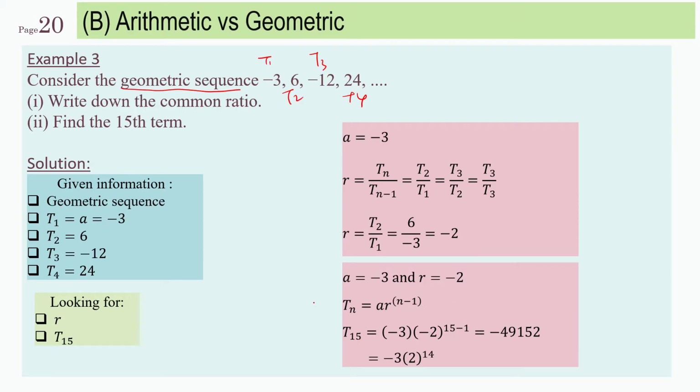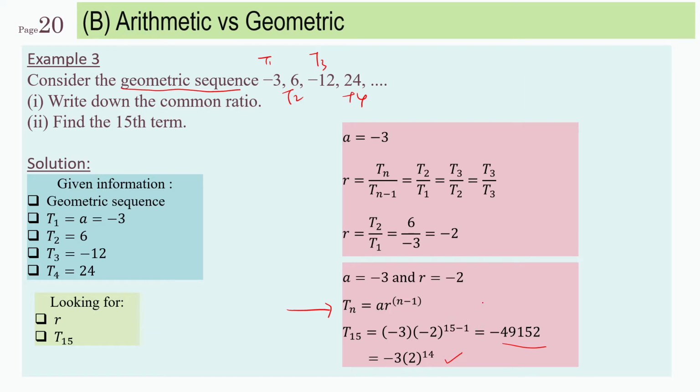I substitute into the general term for a geometric sequence, substitute the values, and then I got it. You can leave your answer as negative 3 times (negative 2) to the power of 14, or give negative 49152, because the number is quite large. It depends on you.